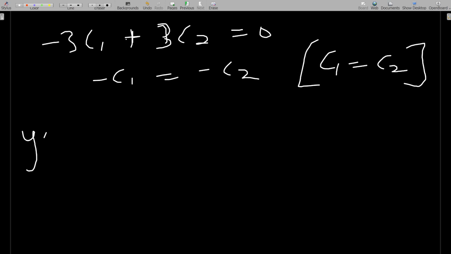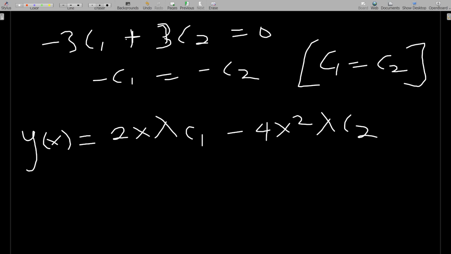What you do is just go ahead and write your y of x. Let me go ahead and write it back. My y of x was 2x lambda c1 minus 4x squared lambda c2.